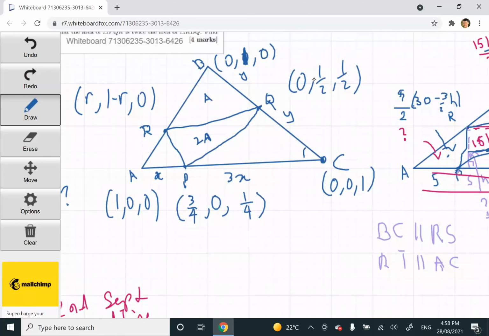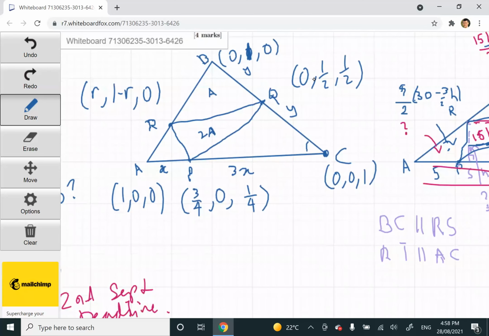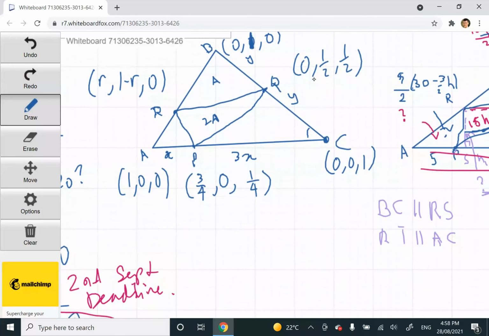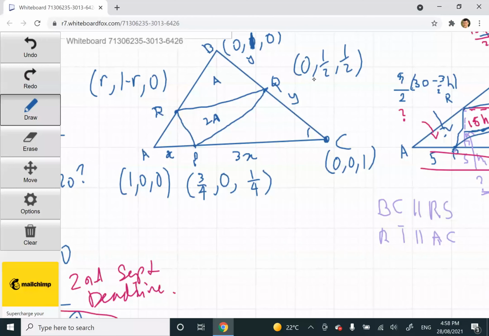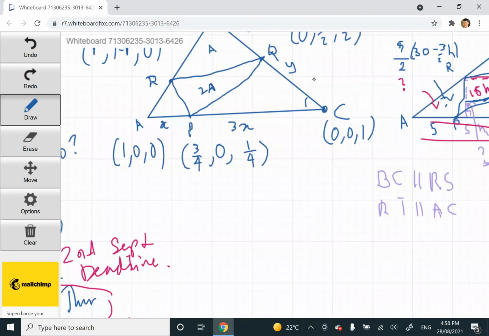For the A, right? So what we get is PQR, right? So PQR is this.